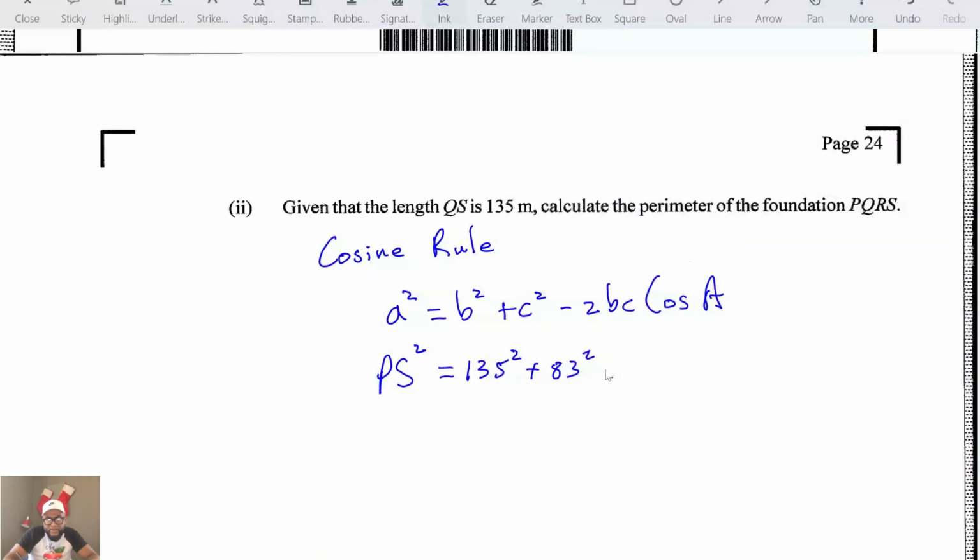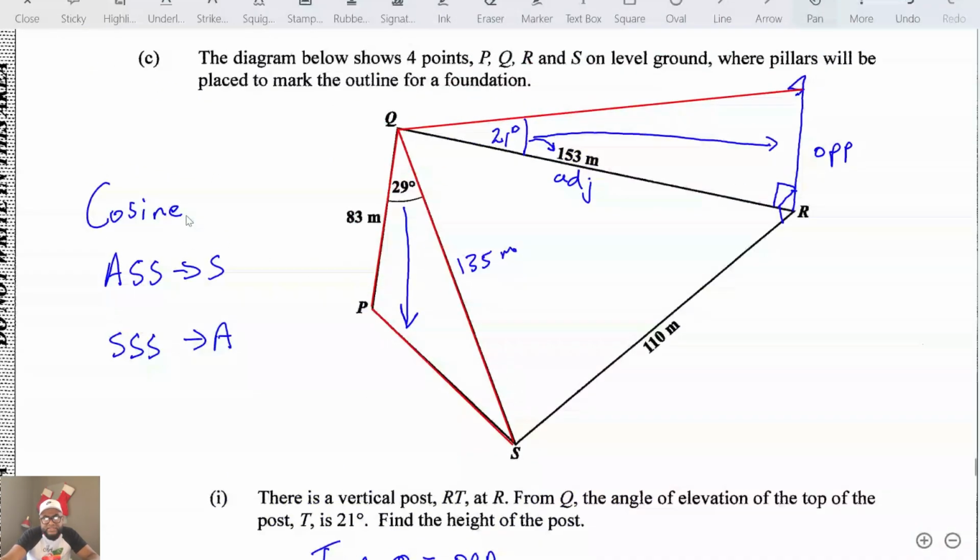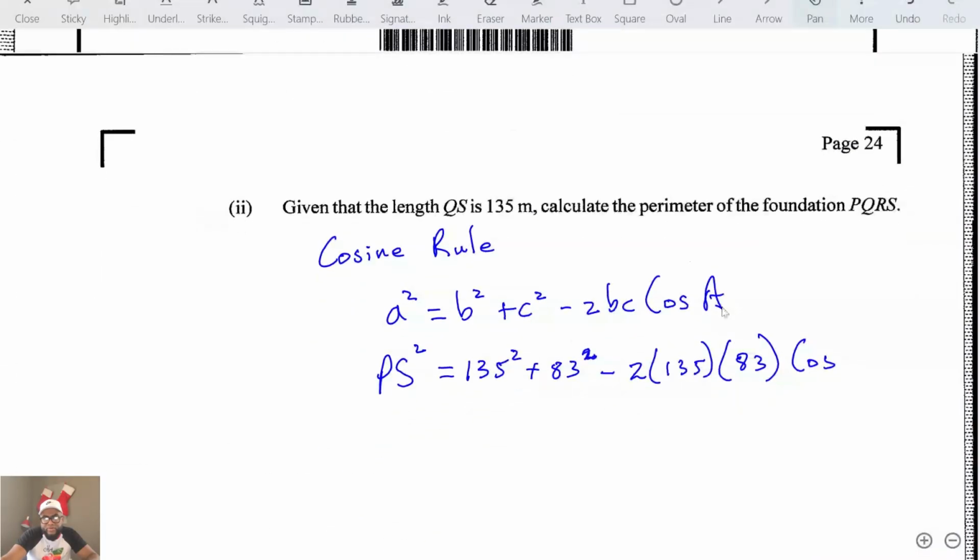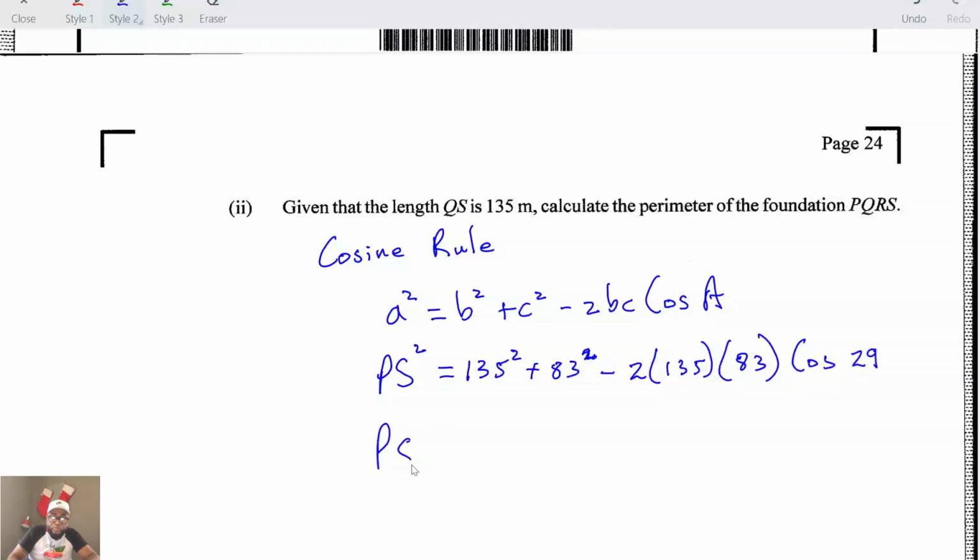And then squared, minus 2 by 135 by 83 cos of capital A. What's capital A? 29. So we have 5513.78, and PS is equal to the square root of that.